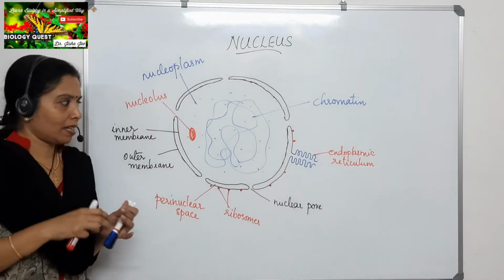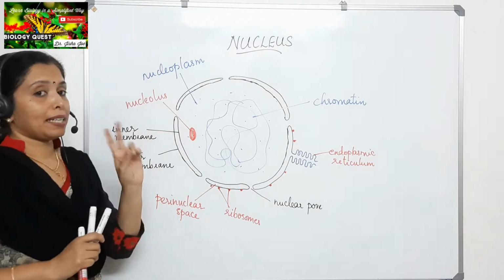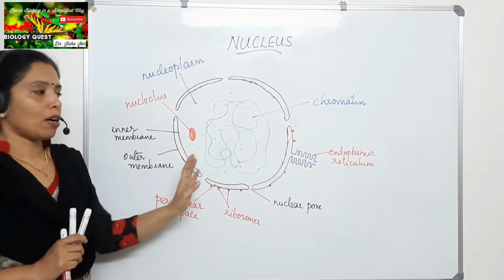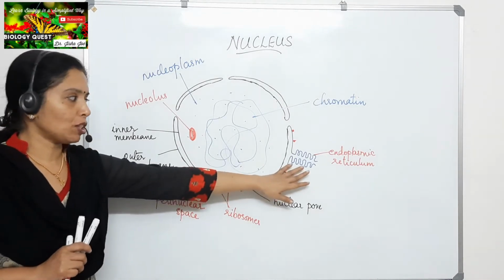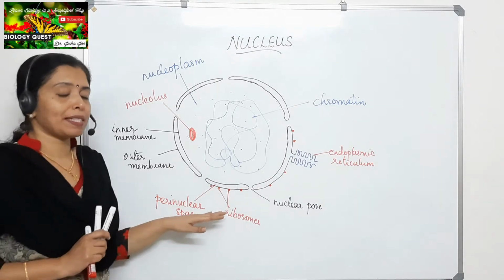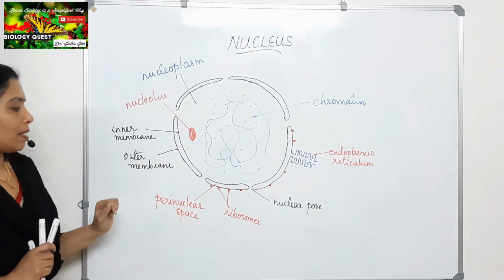Once again, the nucleus is a spherical body bounded by a double membrane. The outer membrane is in continuation with the endoplasmic reticulum and also has ribosomes attached to it, whereas the inner membrane is smooth.